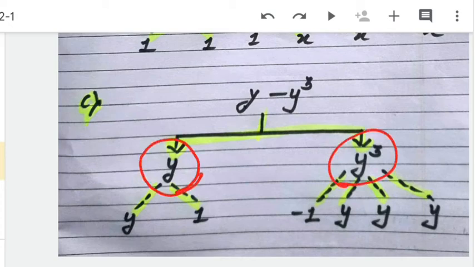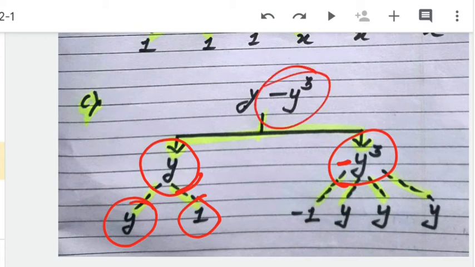For y you can write the factor 1 into y, and for y cube, it is negative y cube, because we have a negative sign with y cube. So the factors are minus 1, y, y, and y, because here we have cube as the power of y. So we have to write 3 y's in the factors.